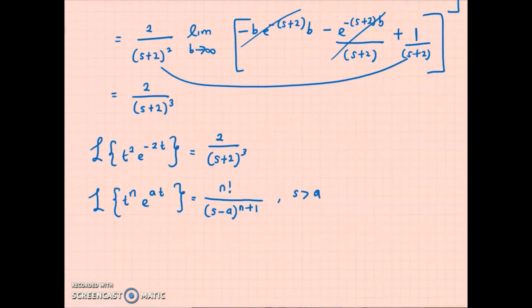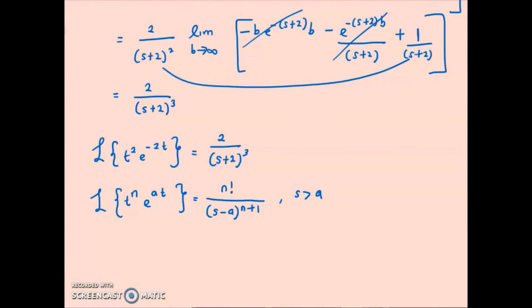So you can use this Laplace formula here. For instance, the Laplace transform of t^3 e^(3t) is given by 3 factorial over (s-3)^(3+1), that is, to the power 4. That's it. Okay, so we'll look at another example next time.